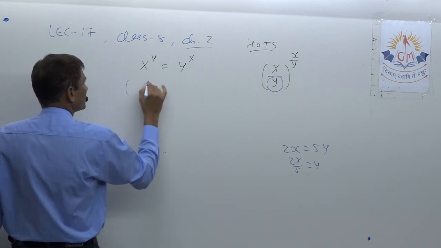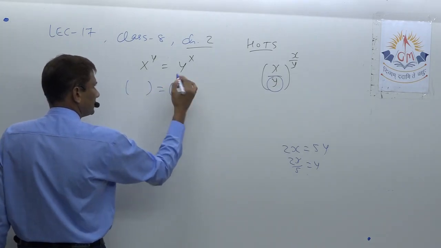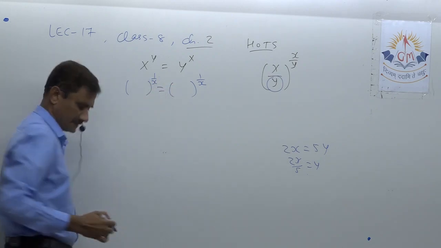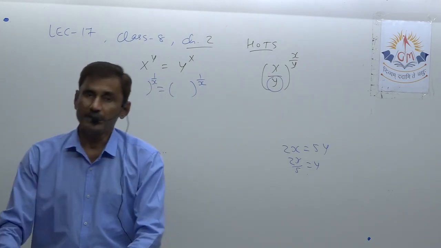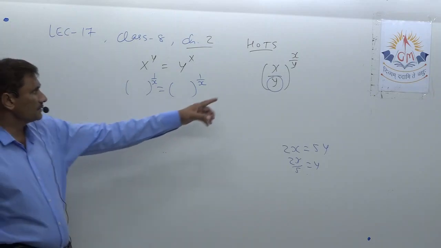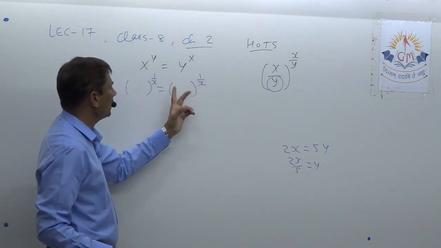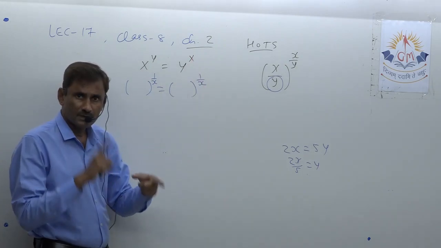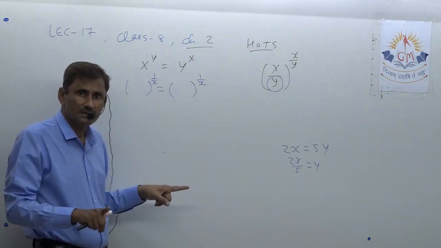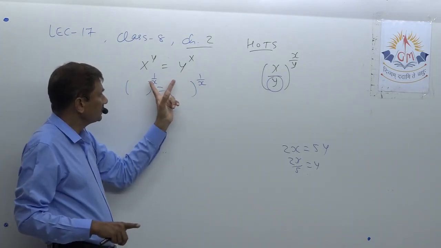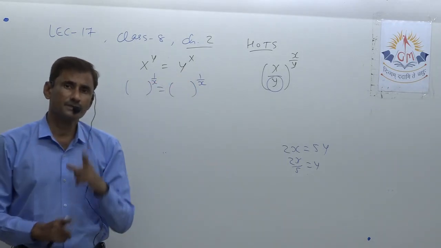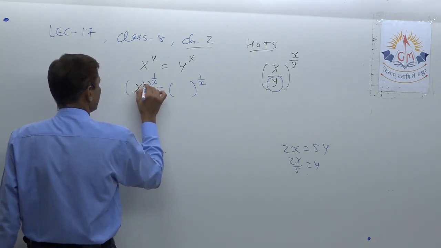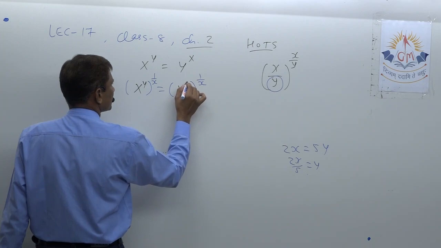So on both sides I just do raised to 1 by x. Why? My main purpose is to remove y. So I want y only here, not this one. So for getting it cancelled, I do both sides raised to 1 by x. So whatever is there, just write down x raised to y, raised to 1 by x.